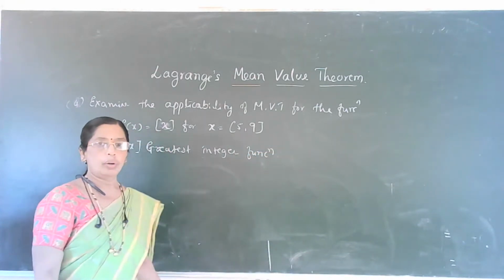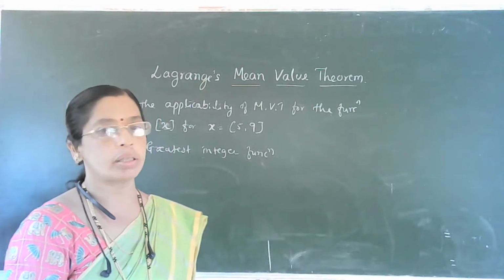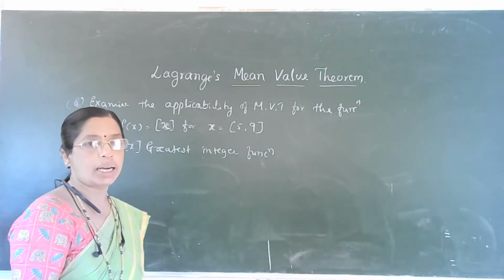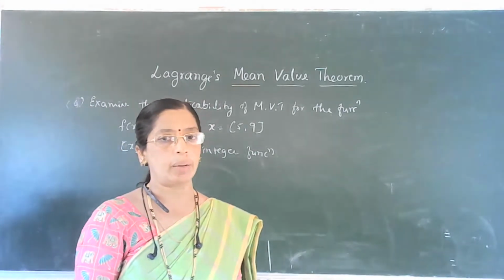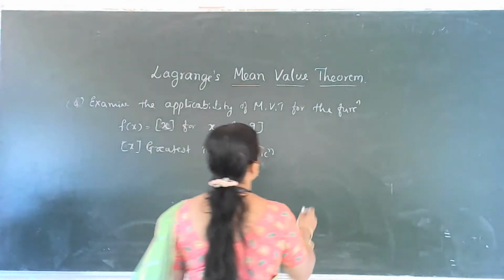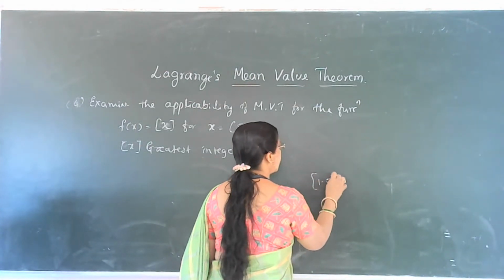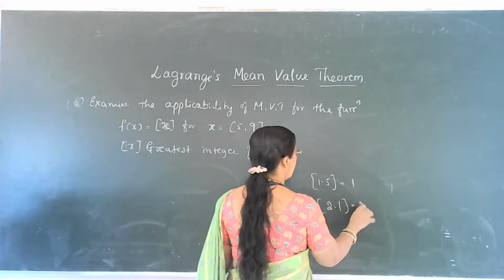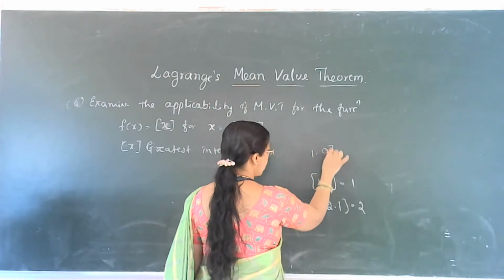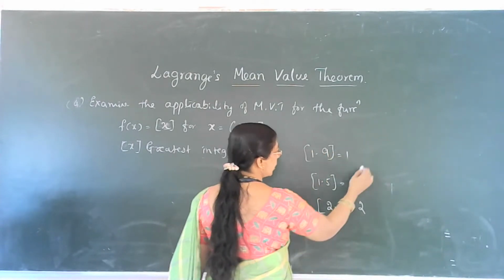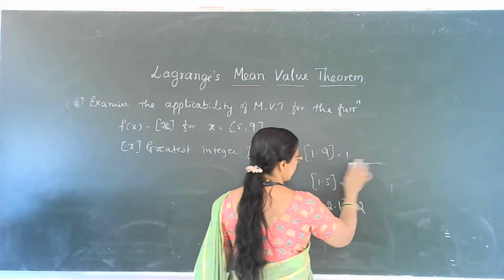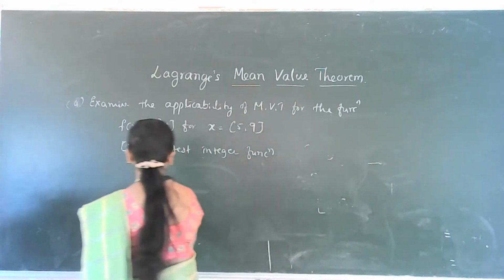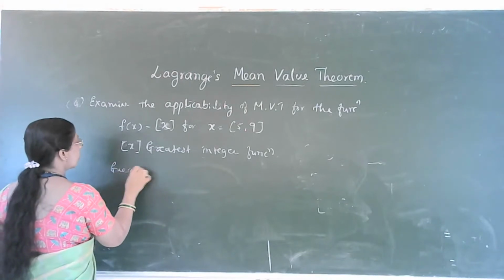You already know greatest integer functions are not continuous functions; they are discontinuous at integral points. Because the greatest integer of 1.5 is 1 and of 2.1 is 2, but 1.9 also is 1. Therefore, the function is always discontinuous at the integral points.